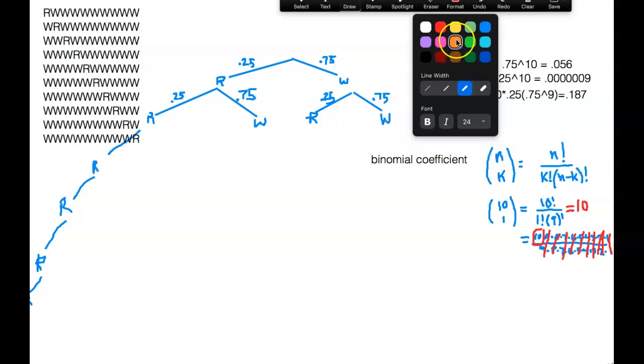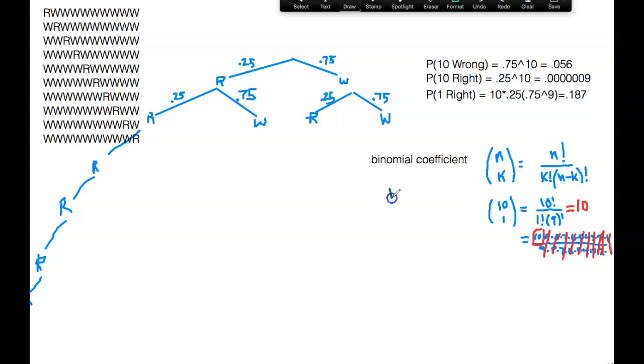It's called a combination. So N C K. This is N C K. So if I ask you what is 10 C 1, that is just 10.